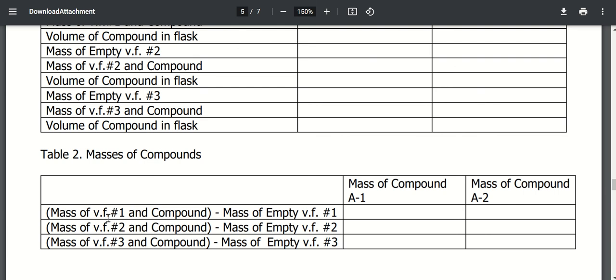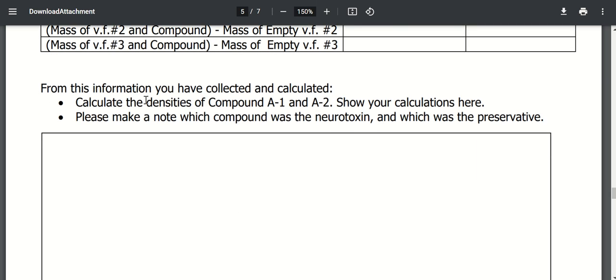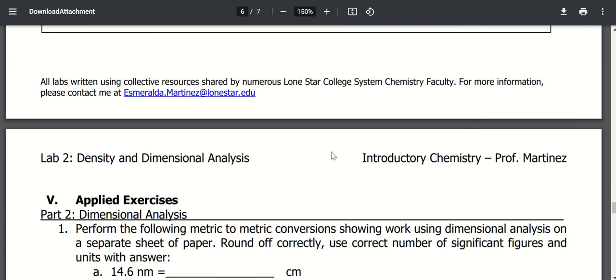Because if you subtract that away, then that gives you just the compound. And then from there, you're going to show your calculations of the densities for both compound A1 and compound A2. Please make a note of which one was a neurotoxin and which one was a preservative. And that goes back to the intro section. So you have to refer back to know which one is which.